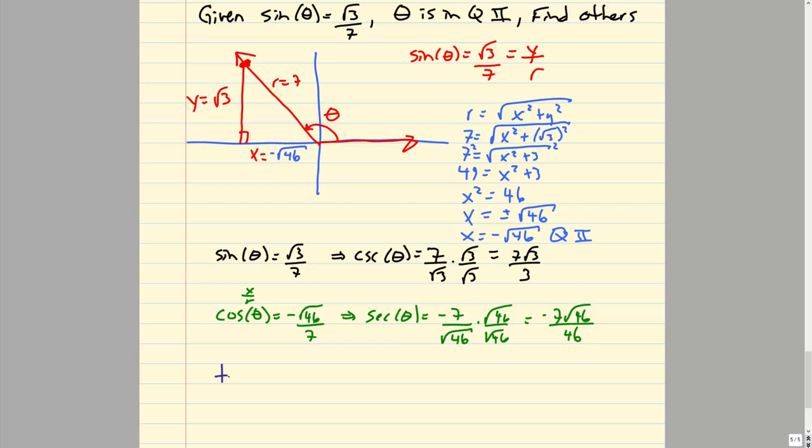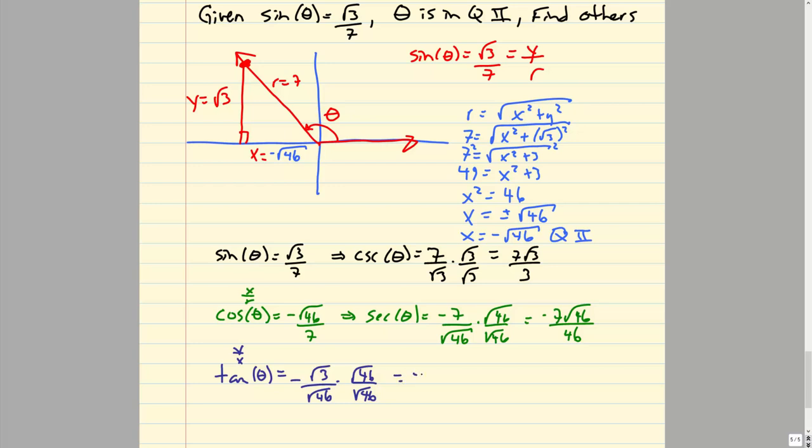Last one here would be tangent theta. So tangent theta is y over x or sine over cosine, however you want to look at that. So for this particular case, y over x would be root 3 over negative root 46. And I'm just going to pop the negative up top so we don't lose track of it. And again, I will rationalize the denominator.